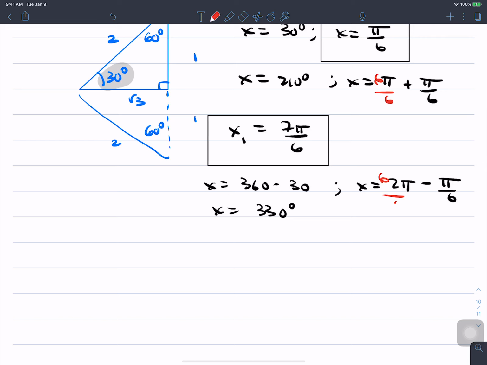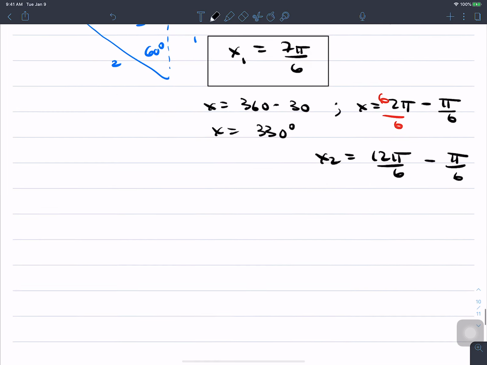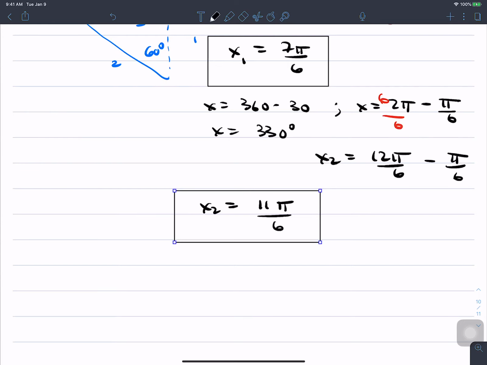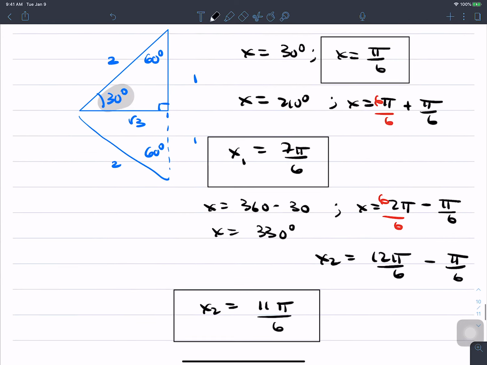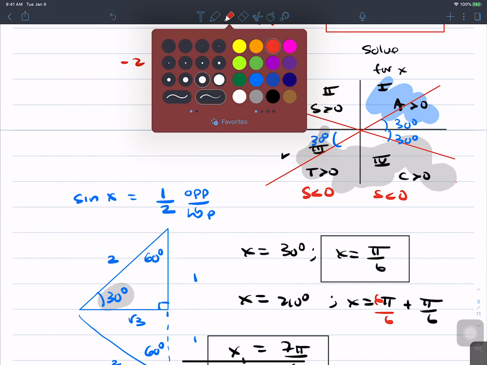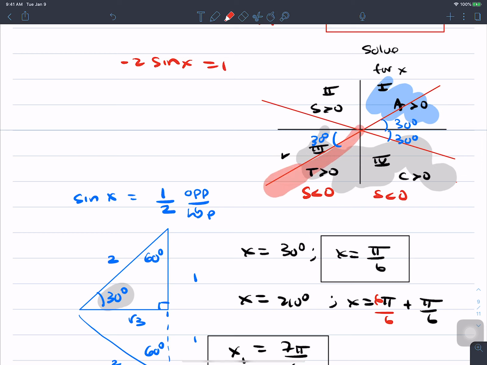Don't forget to multiply the top and bottom by 6. x2 will be 12 pi over 6 minus pi over 6. x2 is 11 pi over 6. So these are the solutions I'm looking at in quadrant 3 and quadrant 4. Those angles.